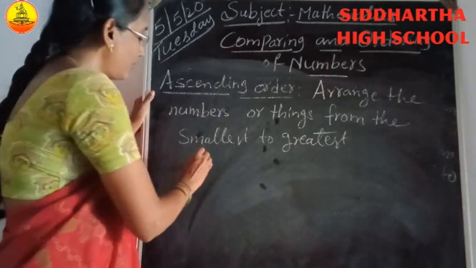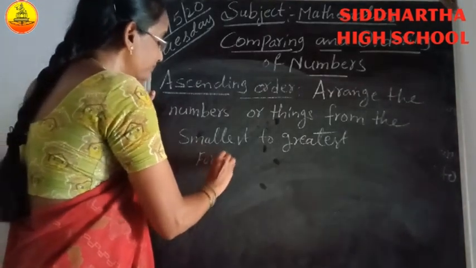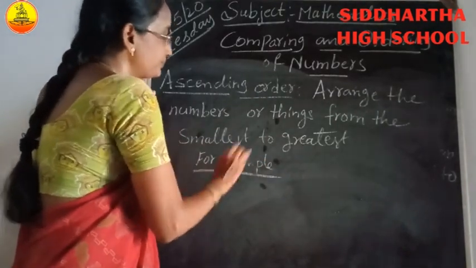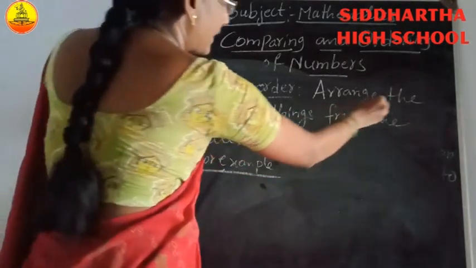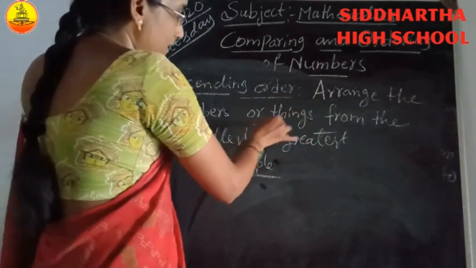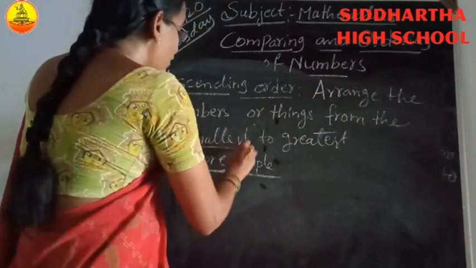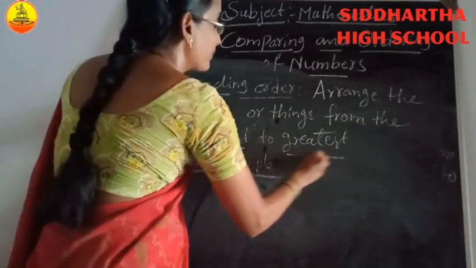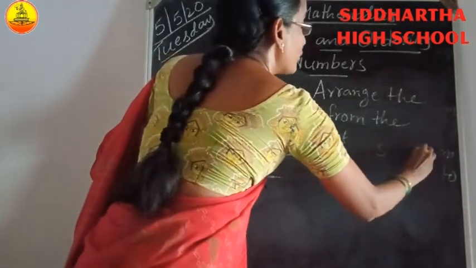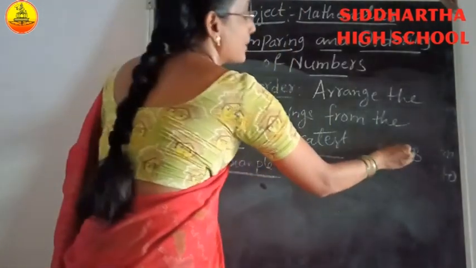Okay children. Now for example, did you understand children? Arrange the numbers or things from the smallest to biggest. Smallest to greatest or biggest. I told you already, small to big, which symbol will be used?